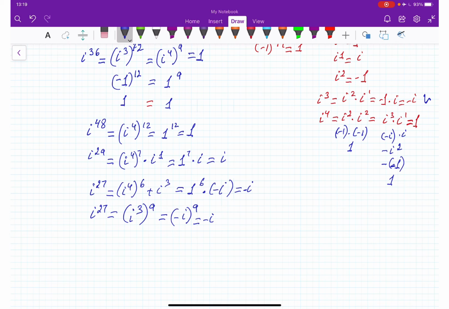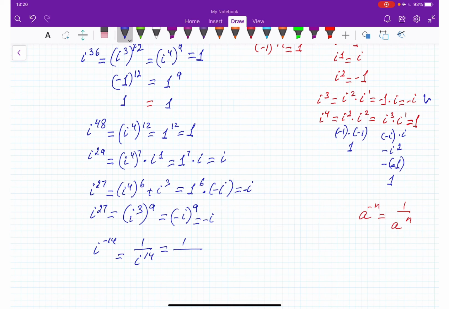i to the power negative 14. I'm going to take it as 1 over i to the power positive 14. Why? Because a to the power negative n is equal to 1 over a to the power positive n, right? Okay, and from here, let's see how we're going to break it down.